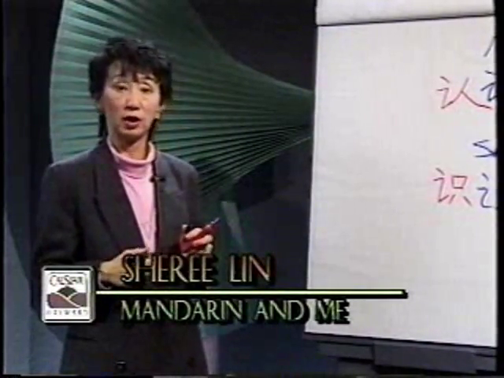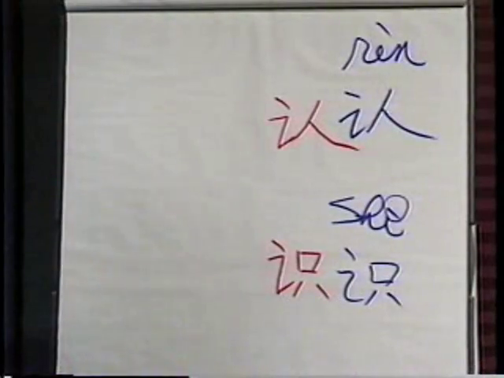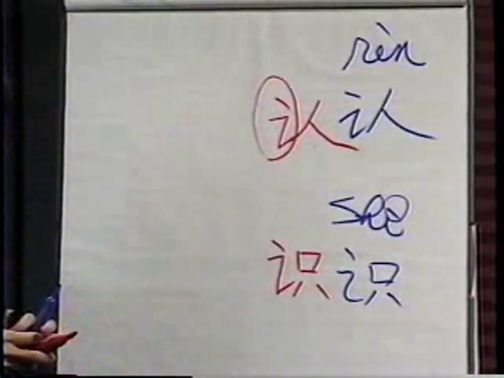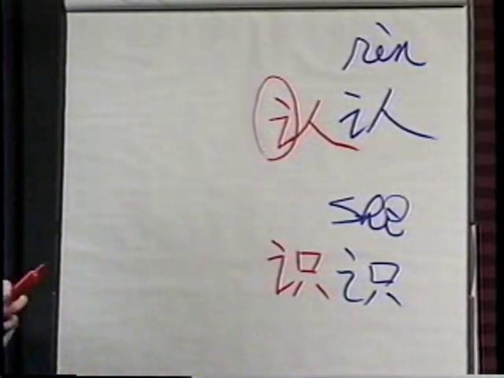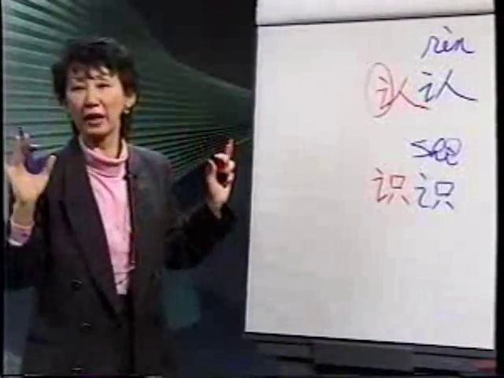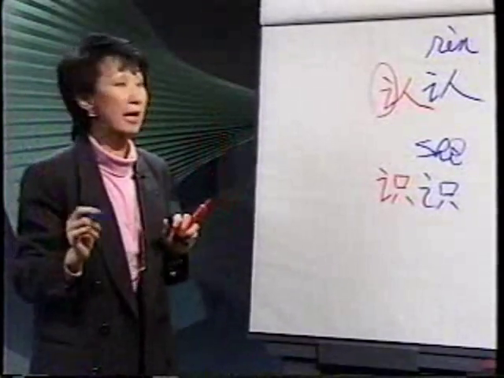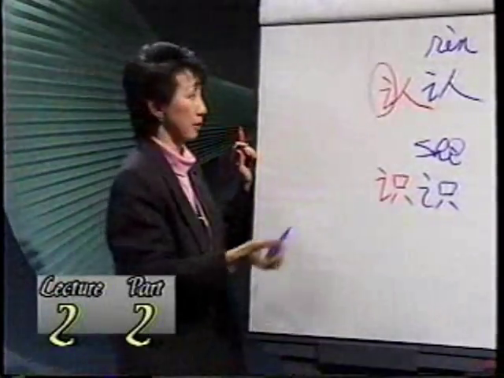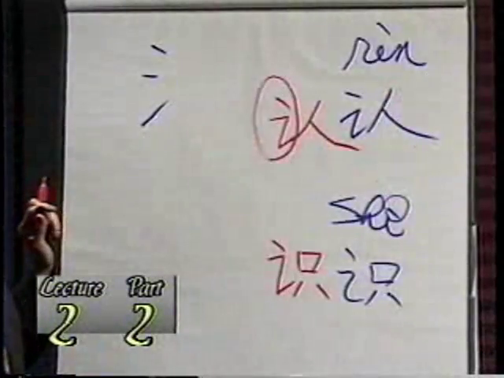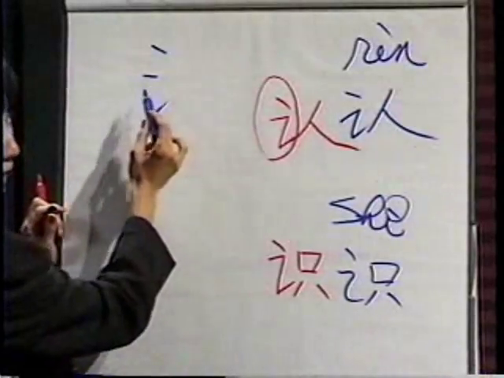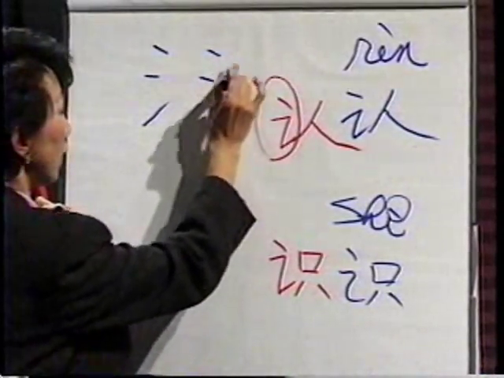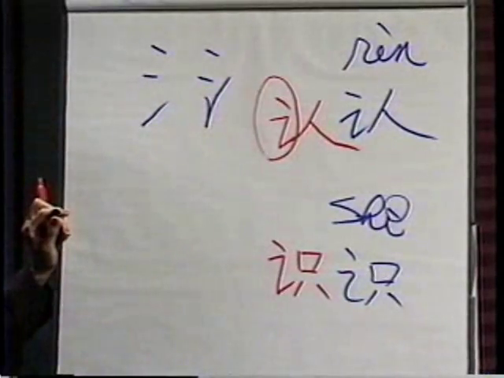认识. 认识. This radical, people are always confused because most people like Chinese calligraphy. The calligraphy is always graceful writing, very dramatic and very beautiful, very free, and they mix up many things. Usually, this is a water radical. The water radical could be written like this, also like this because of the beauty of calligraphy.